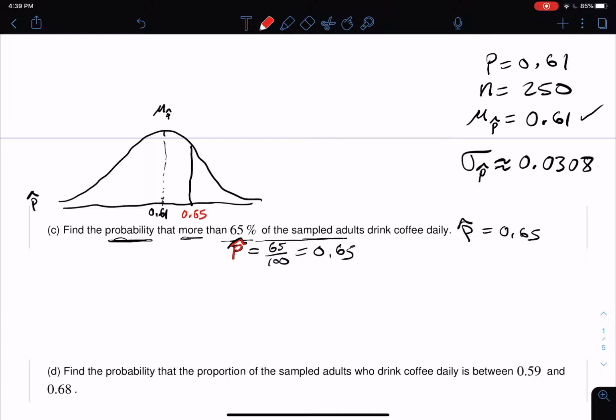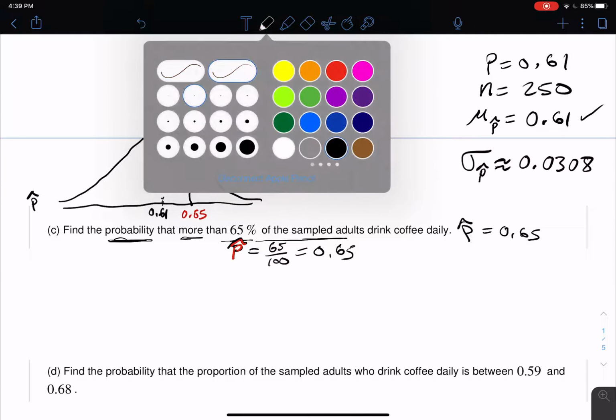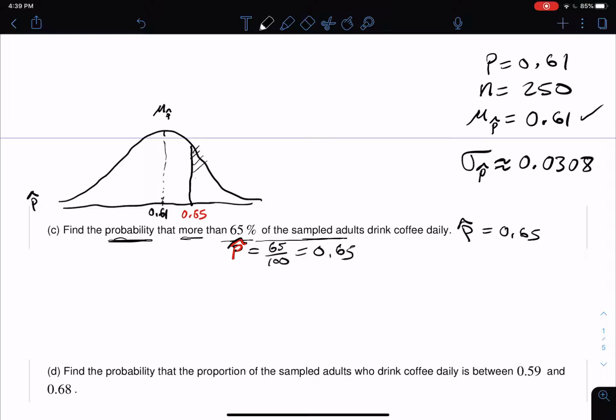So we're looking for the answer to be more than this. So we're looking to the right. If I could figure out what this is, I get the answer to my question.